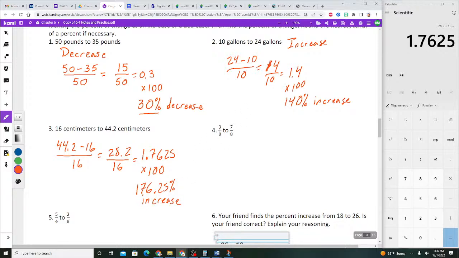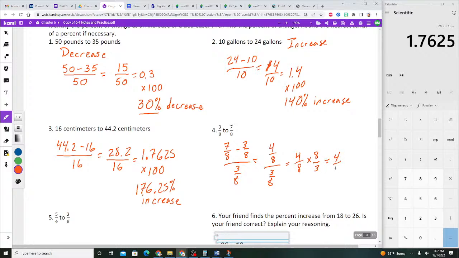It's an increase to go from 3/8 to 7/8. And so we go 7/8 minus 3/8 divided by 3/8. So that's 4/8 divided by 3/8. And that's keep, change, flip, or multiply by the reciprocal.